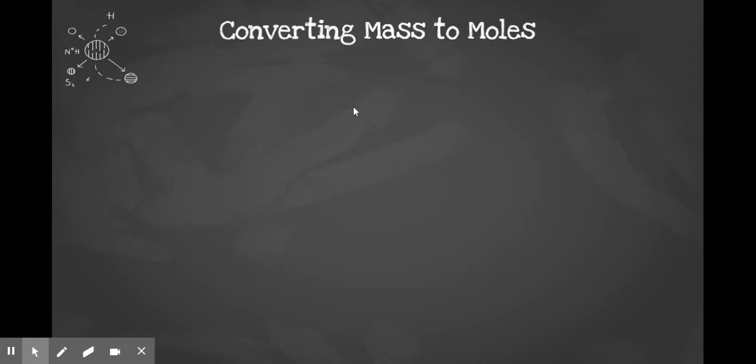When we are converting mass to moles, there's a process that we need to go through. The importance of this is because, like I said yesterday, there are not balances that weigh in moles because the moles of every element are different. The mass of every element is different. So there is not a way to measure in moles.